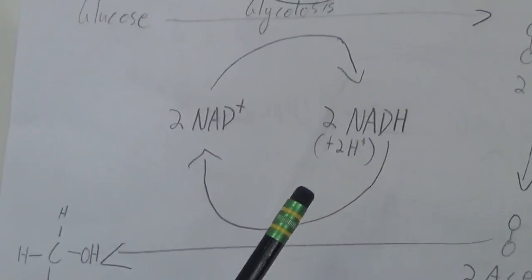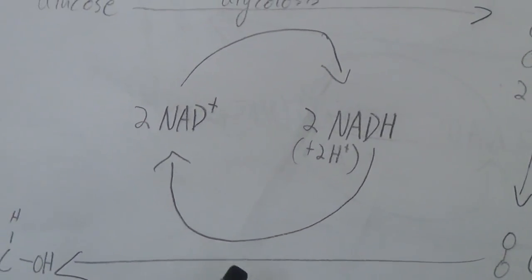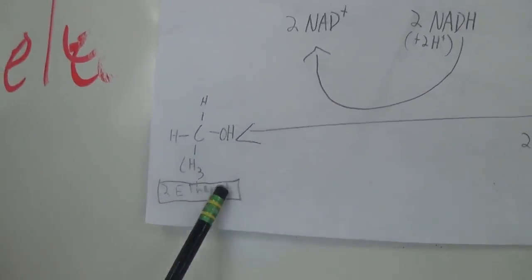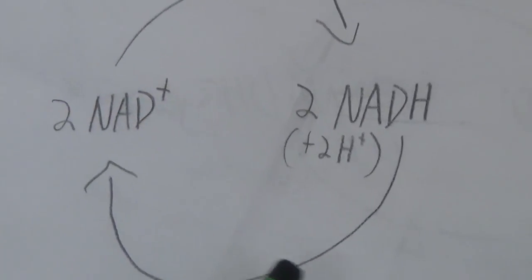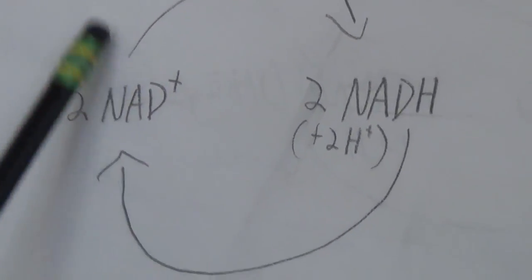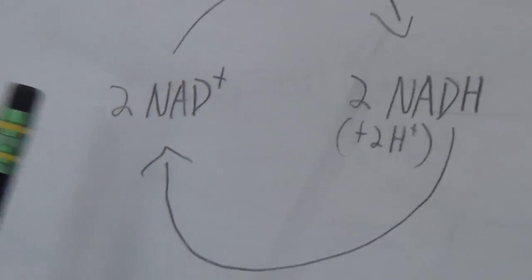So basically the NADs can drop off their H's here, and this becomes 2 ethanol, which is an alcohol. The NADs basically just go around, drop off their electrons, and then go collect more. That's alcohol fermentation.